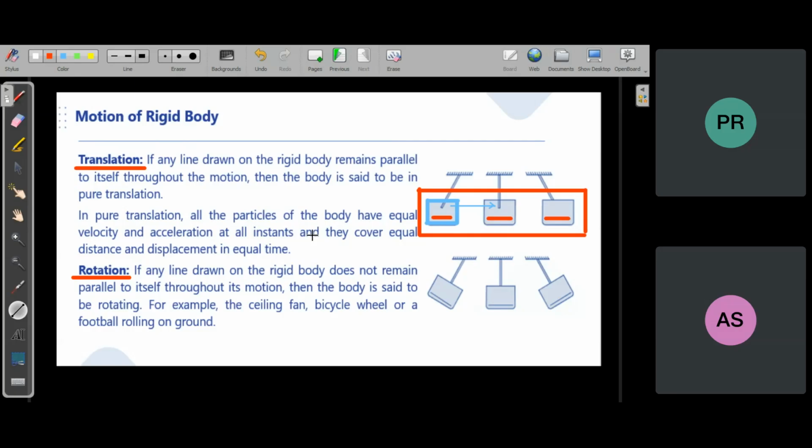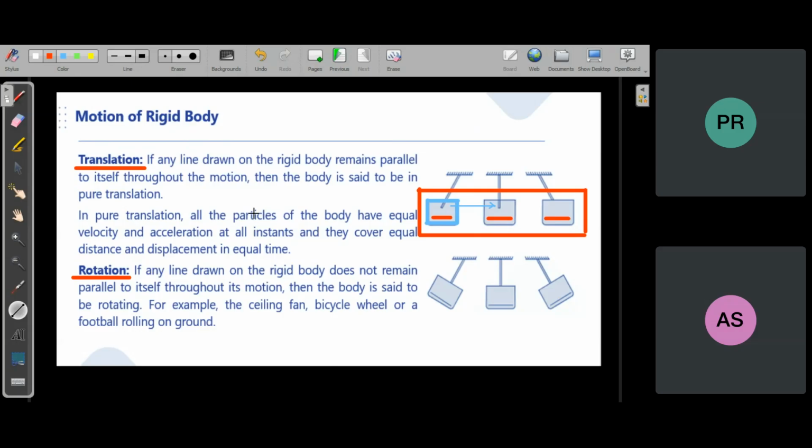In pure translational motion, all the particles of the body have equal velocity and acceleration at any instant. I'm not saying the velocity will be the same at all instants, but at any given instant, the velocity of all particles will be the same. Maybe at the next instant the velocity of all particles is different from what it was at time t1. At time t2, maybe the velocity is different.